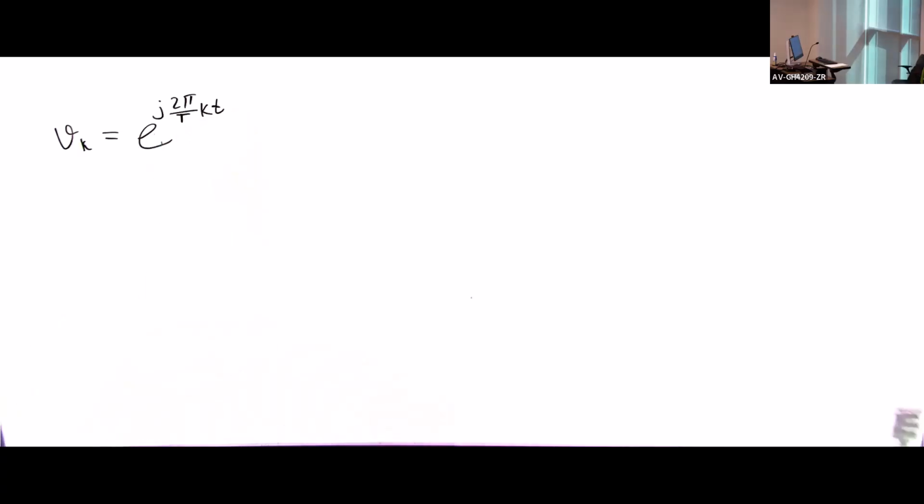For different k's, you'll have different vectors, different functions. So what we want is the inner product between vk and vm, let's say. k is not equal to m now, or any other pair of vectors which is not the same vector, just different vectors. So this is what you want to compute.